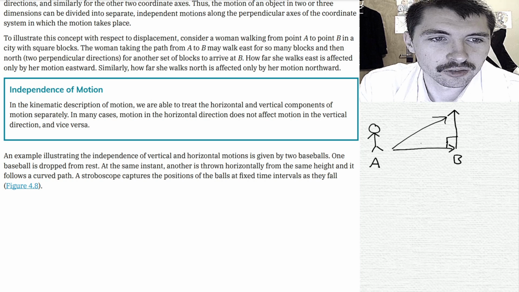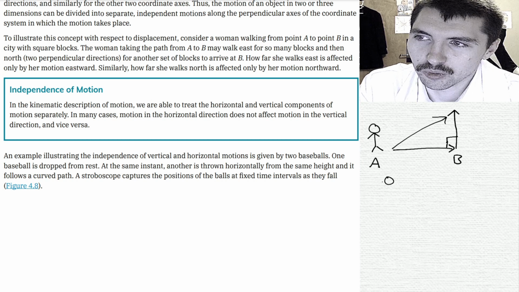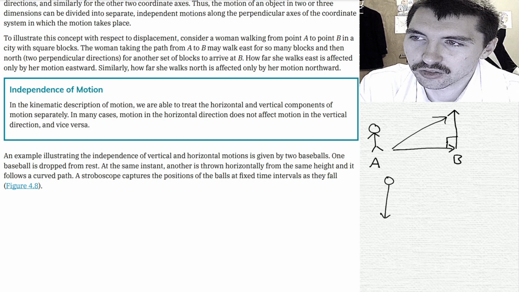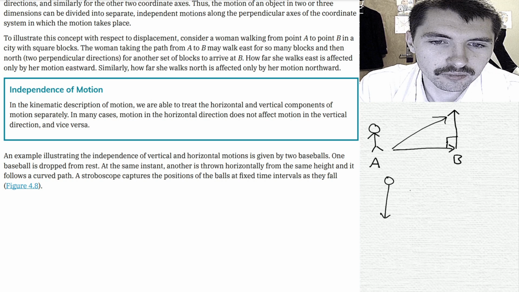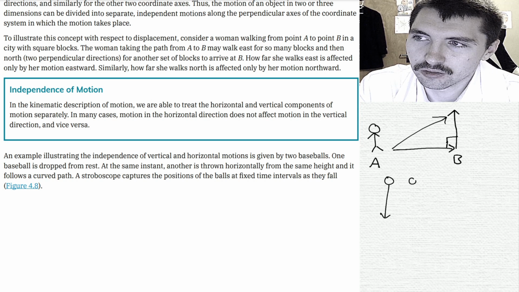Okay, so in the kinematic description of motion, we treat the horizontal and vertical separately. They're talking about one baseball dropped from rest. At the same instant, another is thrown horizontally from the same height.